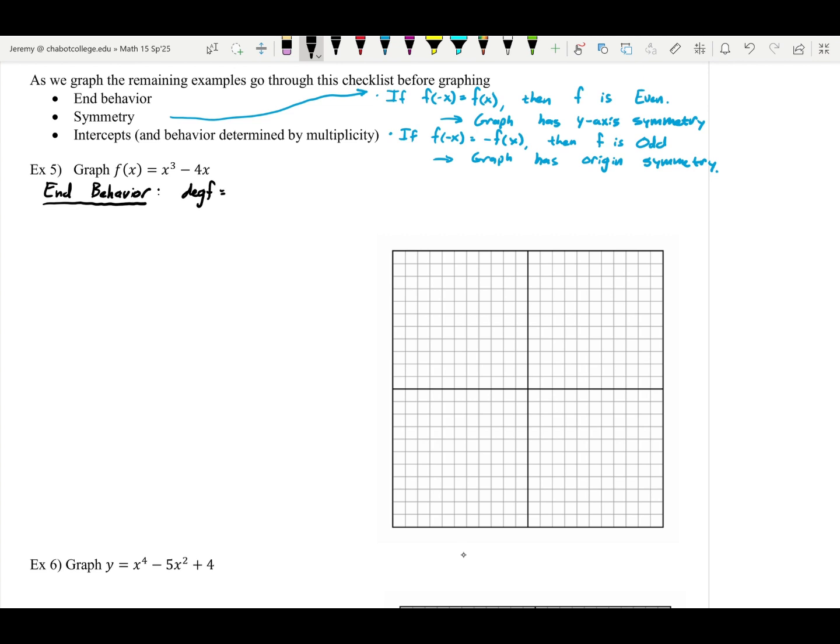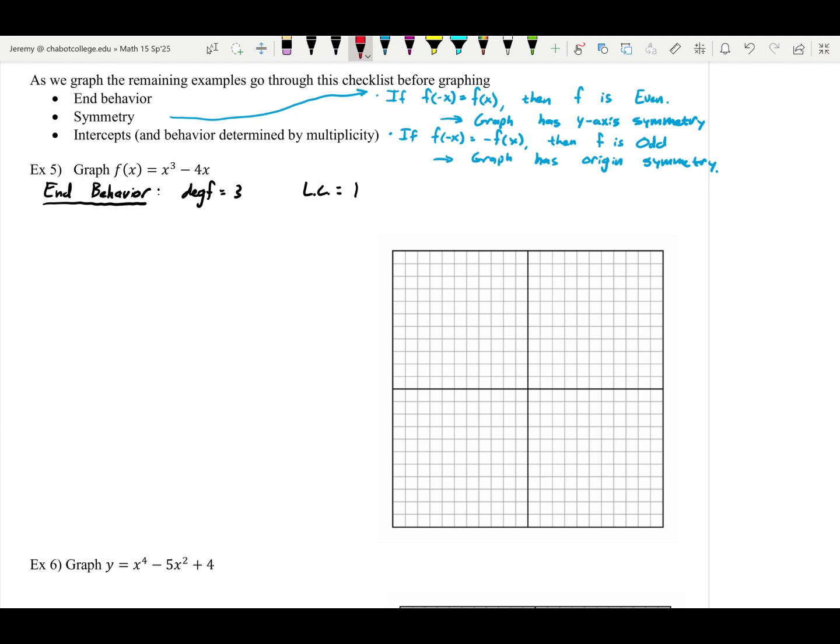So the degree of f is 3, and the leading coefficient of this function, which is just the coefficient on the x with the highest power, in this case x to the third, is 1.